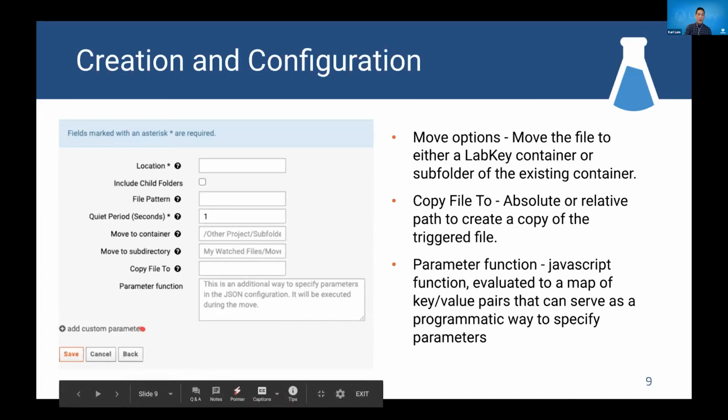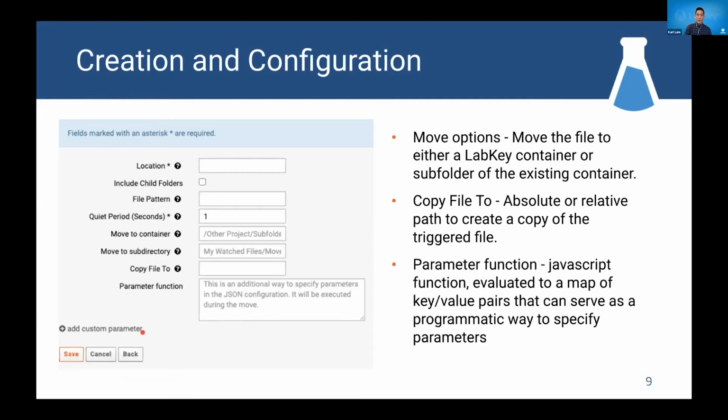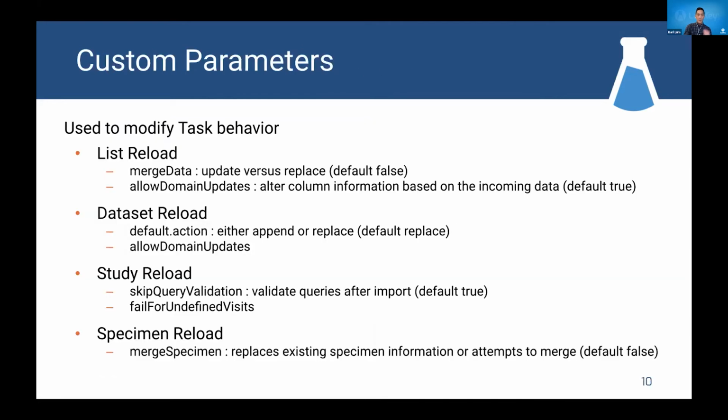Okay, and so at the bottom here, I'll talk about this in the next slide, which is adding custom parameters. If you click on this link, it'll add a name value combination that you can use for the particular configuration you're using. So custom parameters: some of the file watchers have custom behavior that can be controlled via the custom parameter.